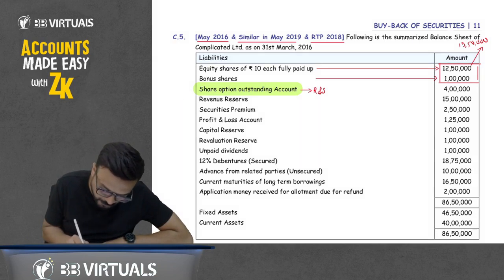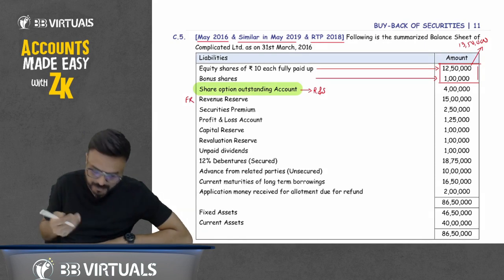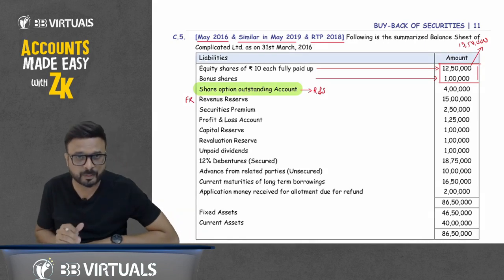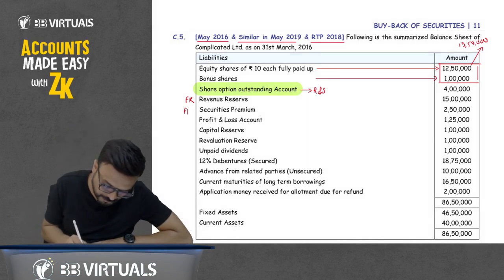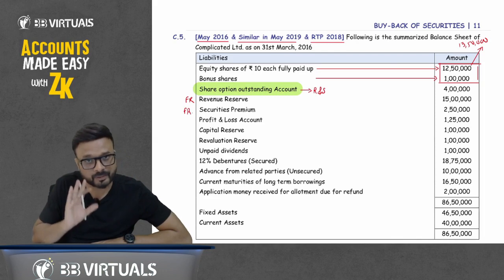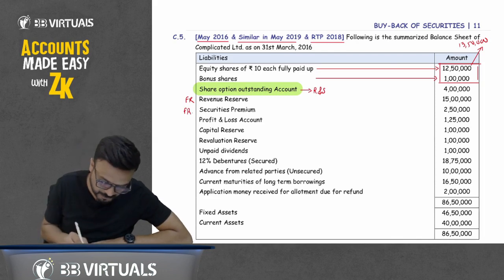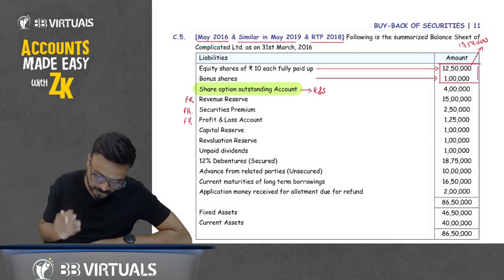Revenue reserve is a free reserve. Then securities premium is not a free reserve, but when we do the calculation of buyback, at that time we also consider securities premium. So this is also a free reserve only for the purpose of buyback. Profit and loss account balance is also a free reserve.